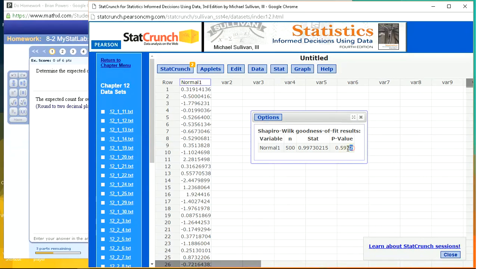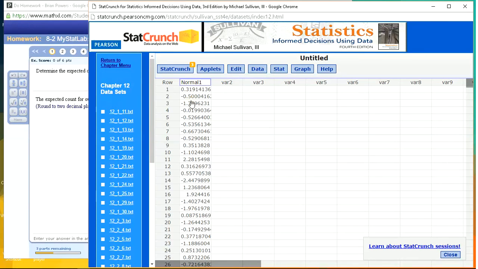I would only conclude that the data is not normal if that p-value is small, just like we did for other hypothesis tests. The null hypothesis is that the data is normally distributed. The alternative is that it's not. And since this p-value is very high, we would not reject the null hypothesis. And of course, this data is normally distributed because that's how it was simulated.